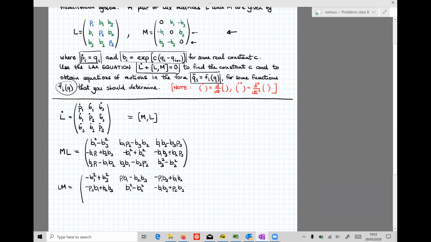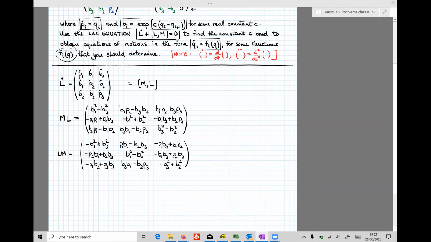Finally, the last row of L, I get minus B1 B2 plus B3 B3, B3 B1 minus B2 P3, and minus B3 squared plus B2 squared. Okay, hopefully I didn't make any mistakes.